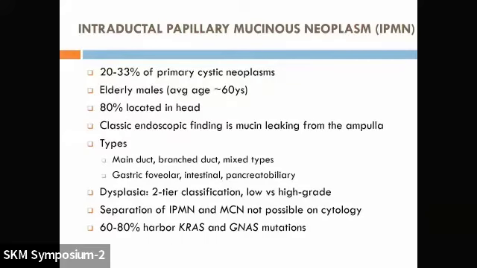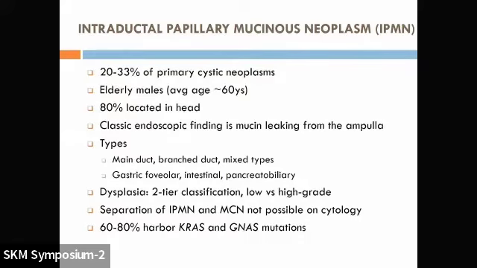Typically, we follow the two-tier classification, so the dysplasia is called either low grade or high grade. The low grade encompasses the low and the moderate degree of dysplasia, which were included in the previous three-tier scheme used earlier. The high-grade dysplasia is essentially reserved for severe or marked dysplasia.